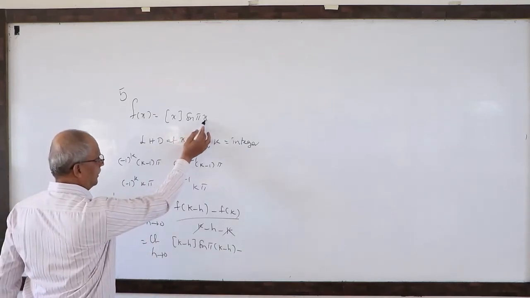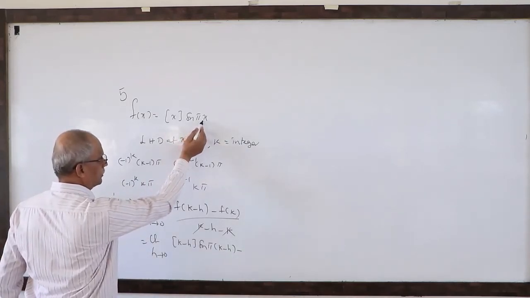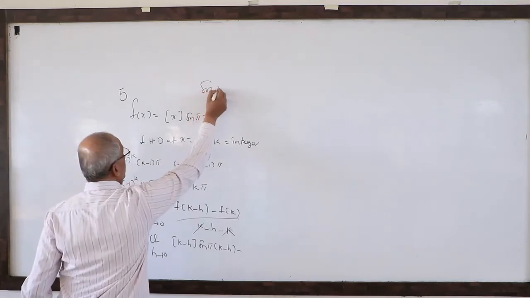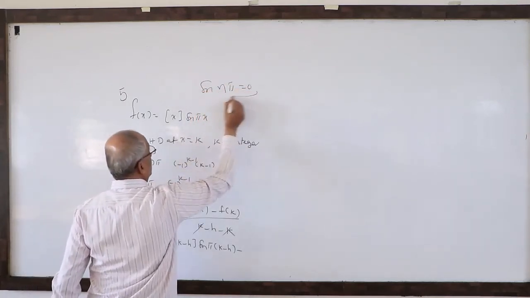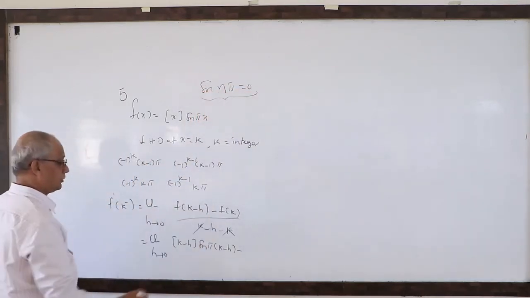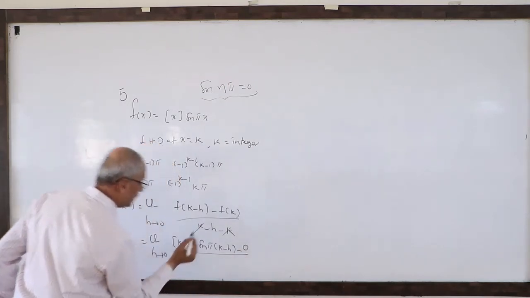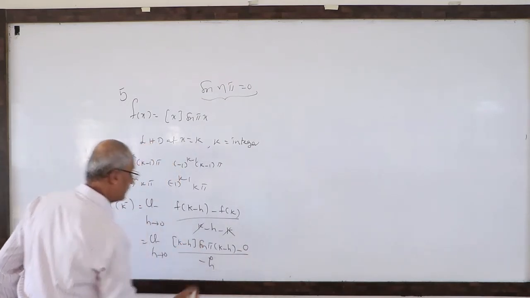Write down step of k minus h. What is sin k pi? Integer k is 1, 2, 3, 4. Sin n pi is 0, we know it, this is for all integers. So 0 by minus h.